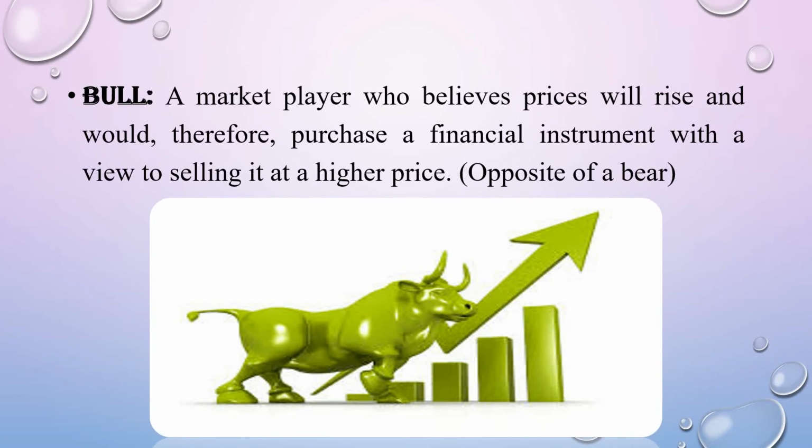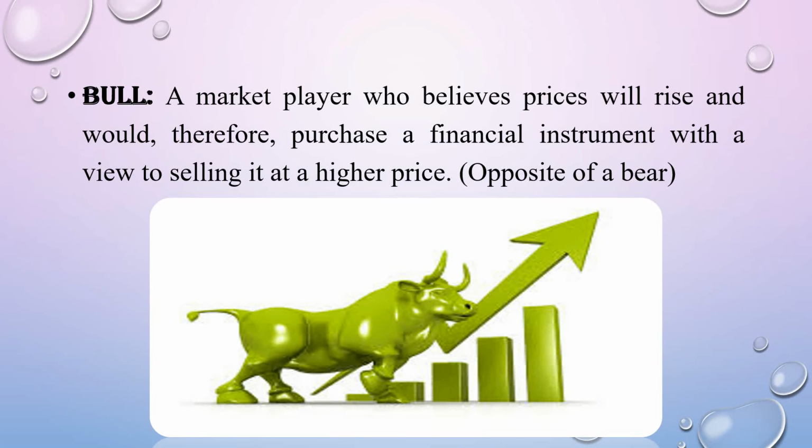Next one is bull. He is the opposite of a bear. A bear will be waiting to purchase a security when its value has decreased. Here the bull is also a speculator who will be looking forward to sell the security at a high price.